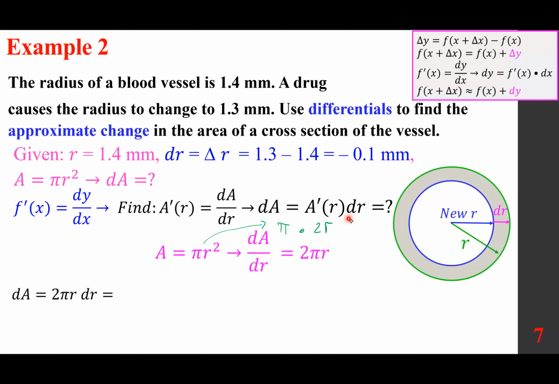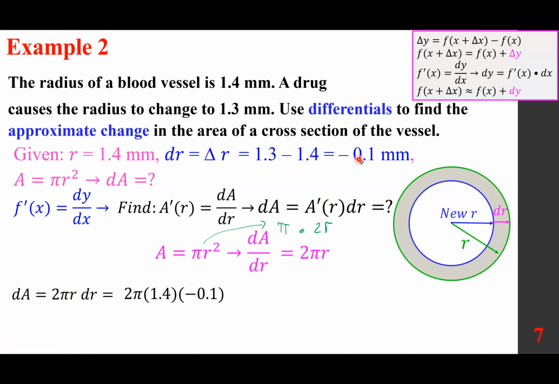And now it's time to plug in. We keep the pi as an exact answer. The r is 1.4. That's why the given is extremely important when you write it. So this becomes 1.4. The dr is negative 0.1.